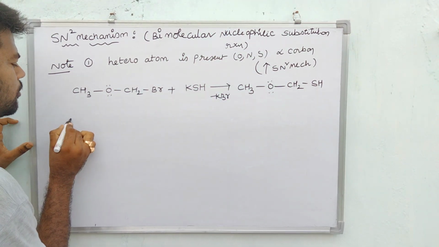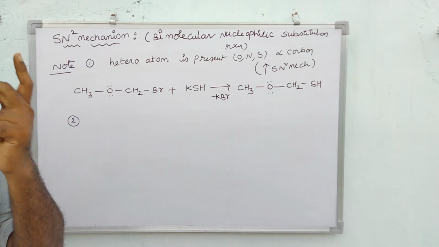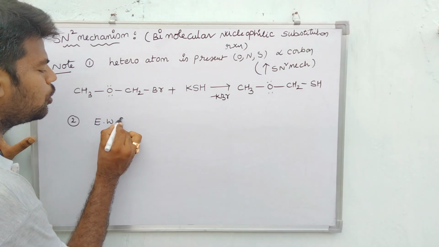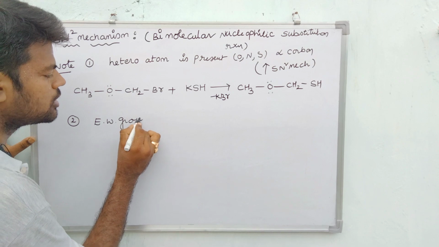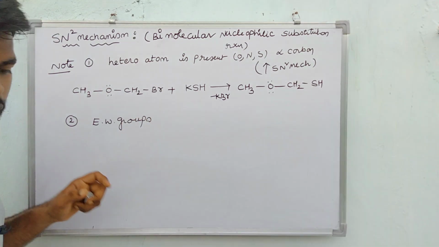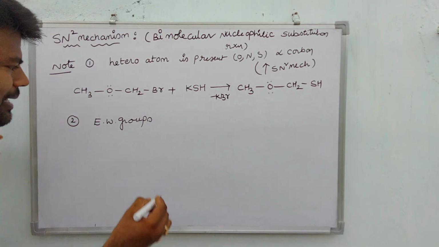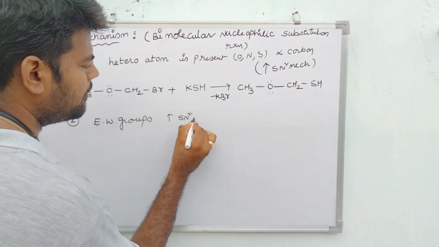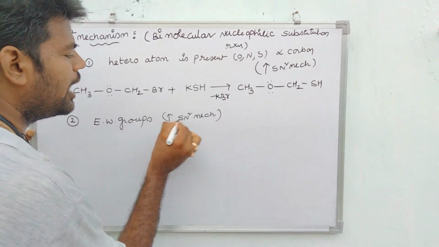After that, one more important note point. What is another note point? Suppose electron withdrawing groups are present on the substrate, then it automatically undergoes the SN2 mechanism very fast.